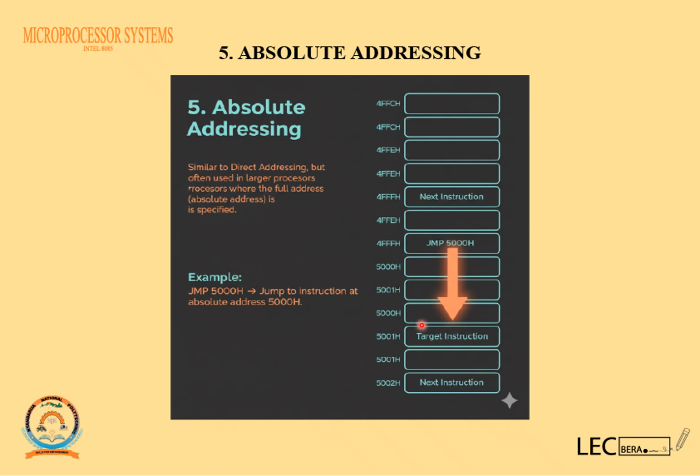When that happens, we are doing what is called absolute addressing. For example, jump to memory location 5000H, that is, jump to the instruction at absolute address 5000H. Instead of going to the next instruction found in this memory location, we've jumped to another memory location where we find the target instruction.